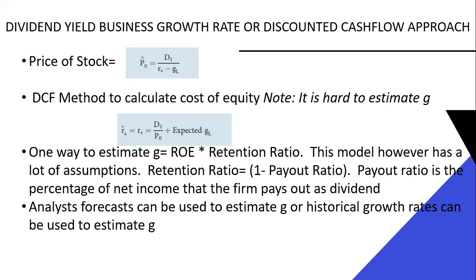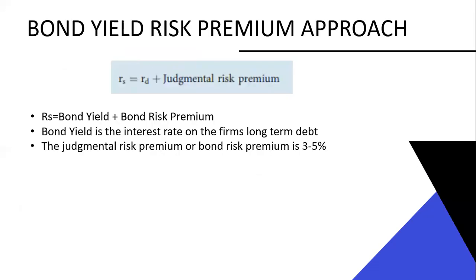However, this model does have a lot of assumptions, and the retention ratio is basically 1 minus the payout ratio. The payout ratio is the percentage of net income that the firm pays out as dividends. Generally speaking, analyst forecasts can be used to estimate the growth rate, or g, and people also look at historical growth rates when estimating the growth rate of the dividend.